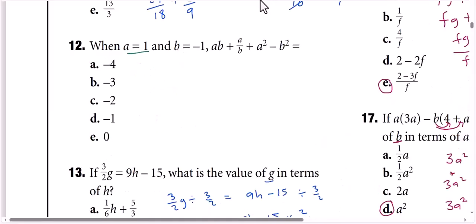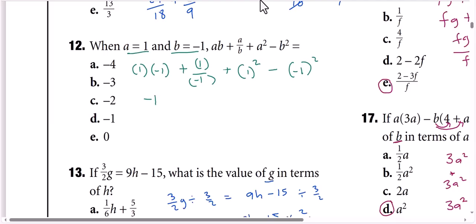Now, A is equal to 1 and B is equal to -1. So to simplify this, AB simply means 1 bracket minus 1, then plus A is 1 over B is minus 1, plus A squared is 1 squared minus bracket minus 1 all squared. So minus 1 times minus 1 is minus 1, and since we have a positive and a negative, dividing gives a negative.